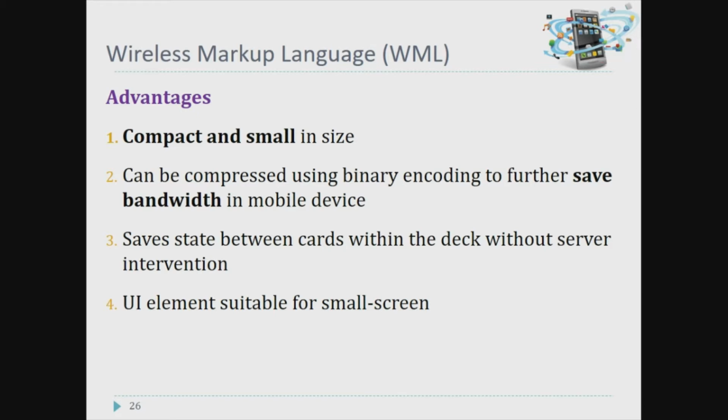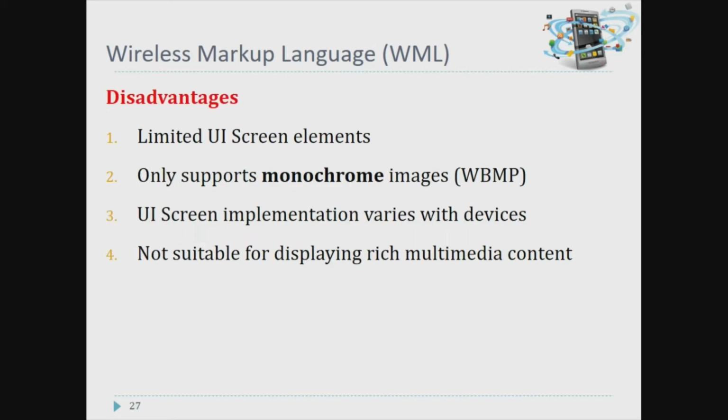Second, it can be compressed using binary encoding to further save bandwidth in the mobile device. Number three, save state between cards within the deck without server interaction, as in the previous slide. And number four, UI elements suitable for small screens. So those are the advantages of WML.